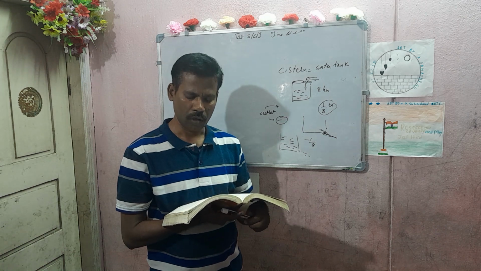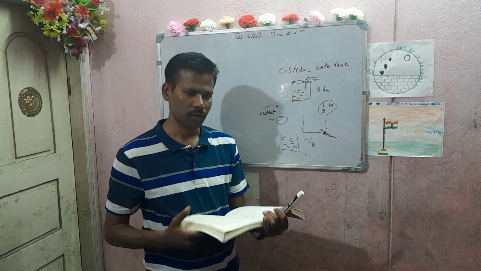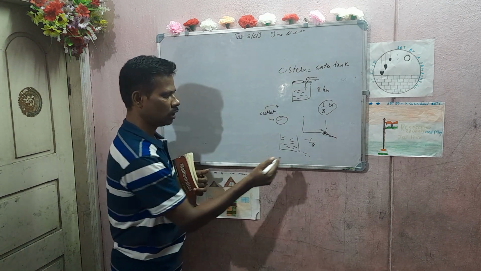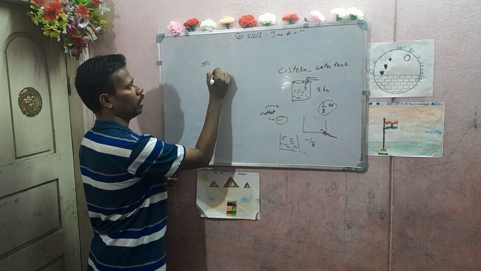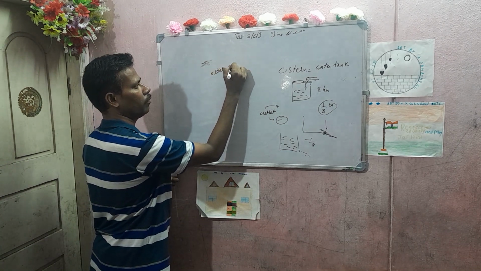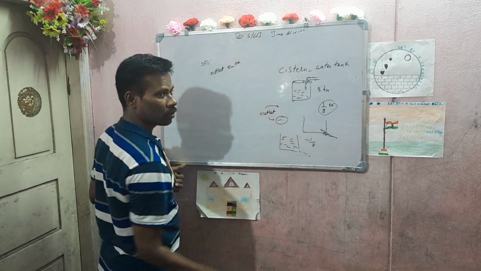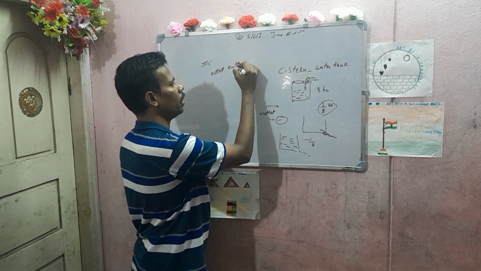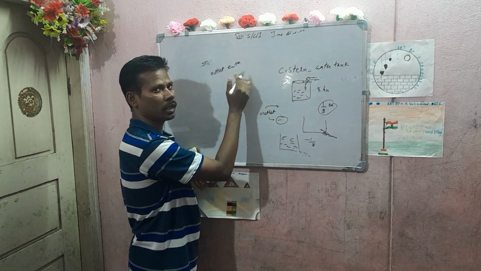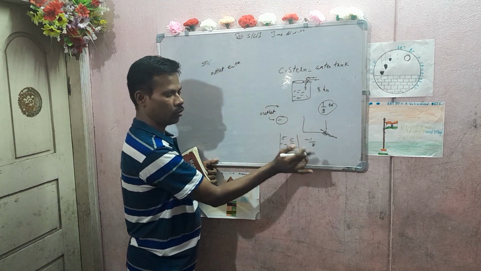If an outlet empties the tank in 6 hours, for example, empties means like this. Outlet means some drainage like that, water is flowing out.